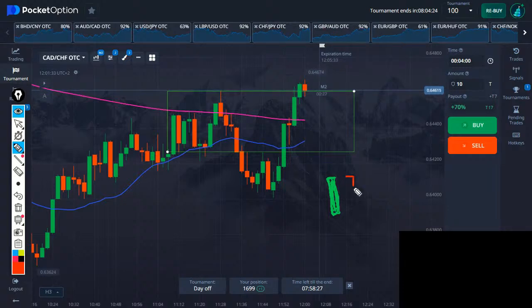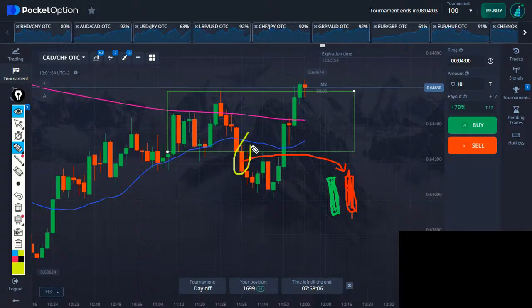In this case, look at this. No problem if it has a small wick from the top or a small wick from the bottom, it's okay. So look at this. All right, so this is a clear signal to go for a sell. It's a very strong sellers signal.